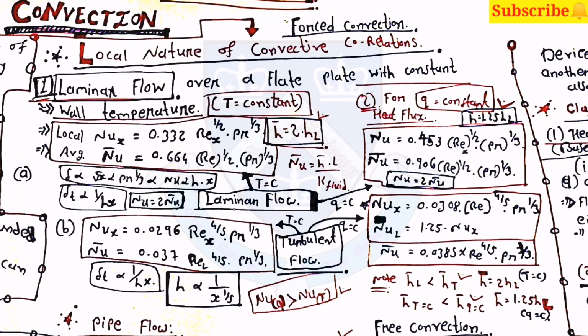Then the equation of local Nux is equal to 0.332 into Rex raised to 1 by 2 into Pr raised to 1 by 3. Here h bar is equal to 2 into hL. Then average Nu bar is equal to 0.664 into Re raised to 1 by 2 into Pr raised to 1 by 3.